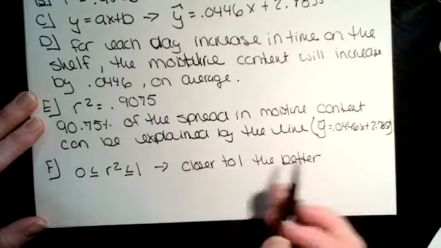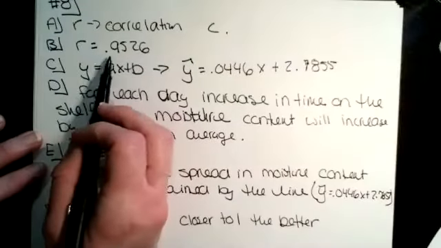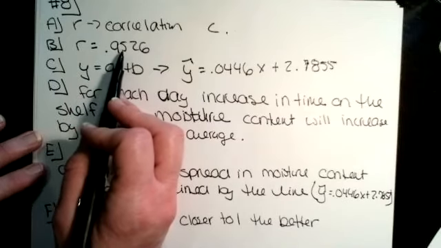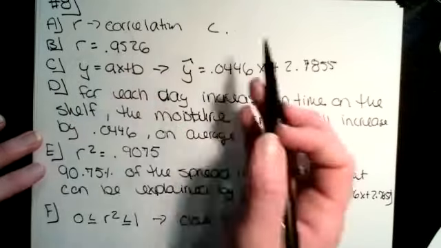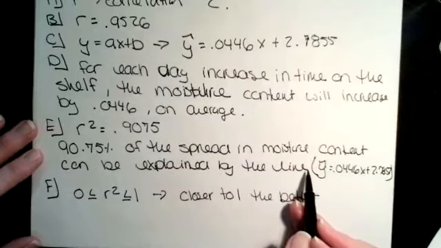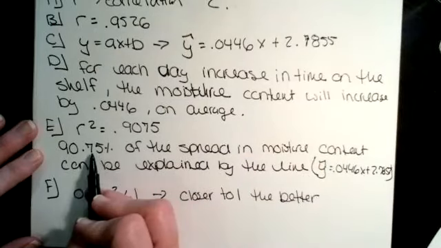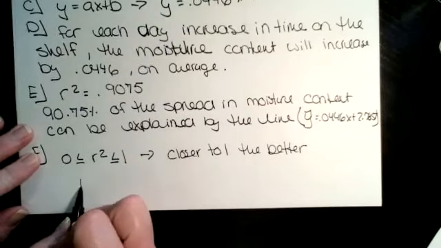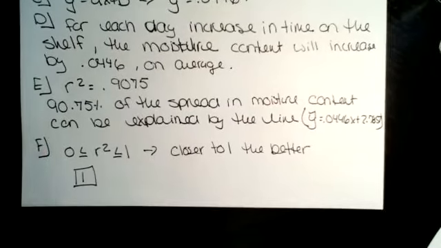So think about it, because if R, my correlation value, 0.95, that's really close to 1. That means it's a pretty strong relationship between X and Y. That means that my line can explain a lot of the spread in my Y. So anything closer to 1 is better. So the answer here will just be 1.